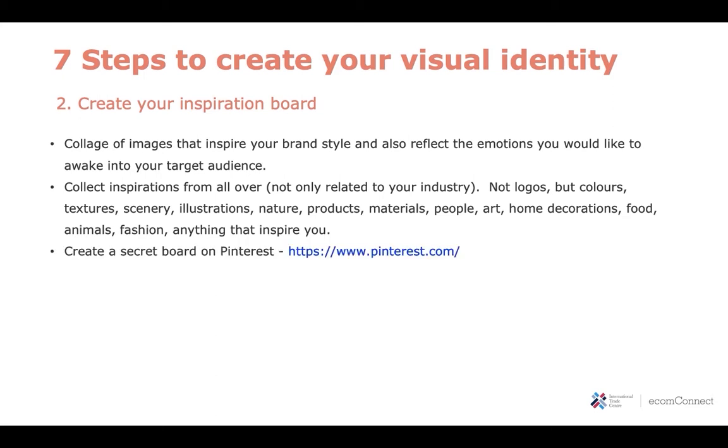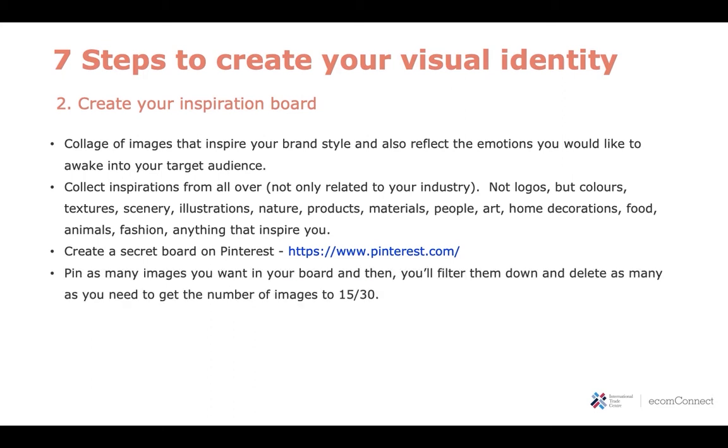Then we will be creating this secret board on Pinterest. We will be pinning as many images as you want to have in your board, and then we will filter them down and delete as many as you need to get the number of images to 15 to 30 images. Your board should look cohesive, well integrated and unified.